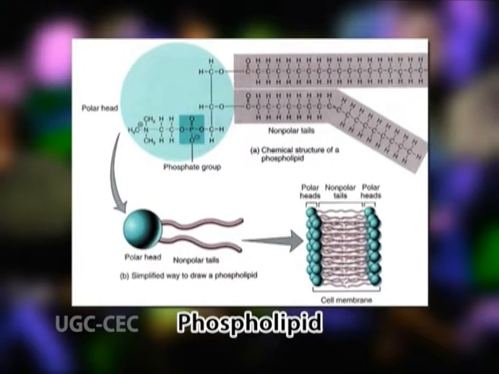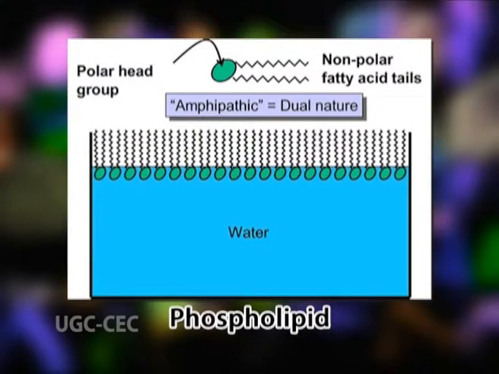The phospholipids are the major class of lipids which enter into the structure of biological membranes. The phospholipids are amphipathic, with glycerol and phosphate forming the polar or hydrophilic end of the molecule, while the hydrocarbon chains of fatty acids form the non-polar part of the molecule.